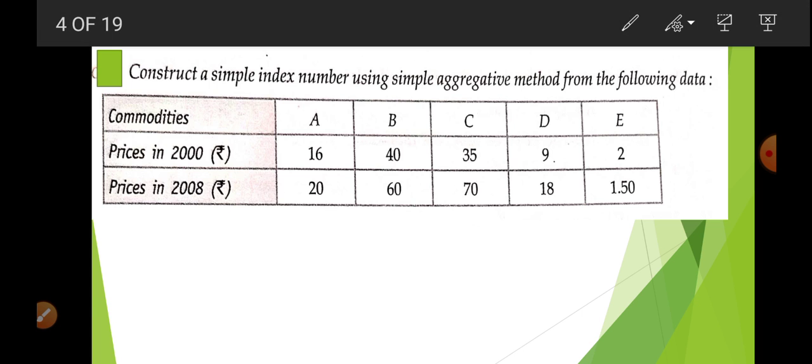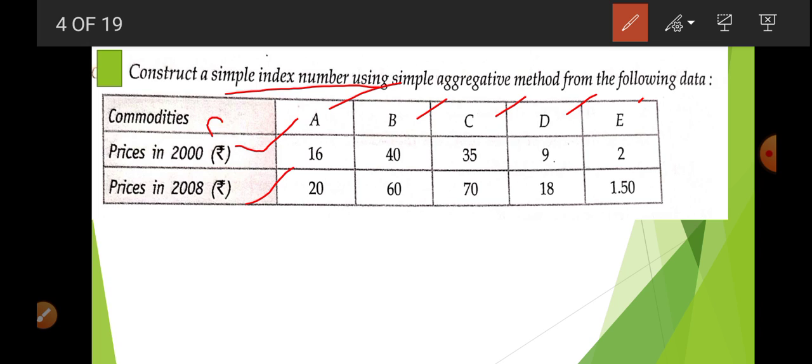Now, here is one question. You have to calculate the index number by using the simple index number. There are 5 commodities A, B, C, D, E. Here you can see prices of 2000 are given and prices in 2008 are given.